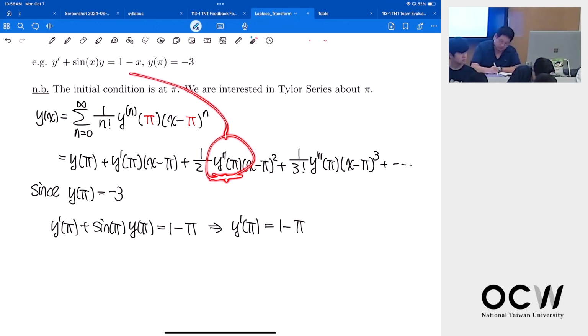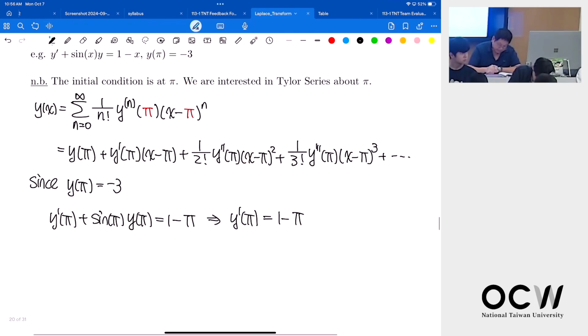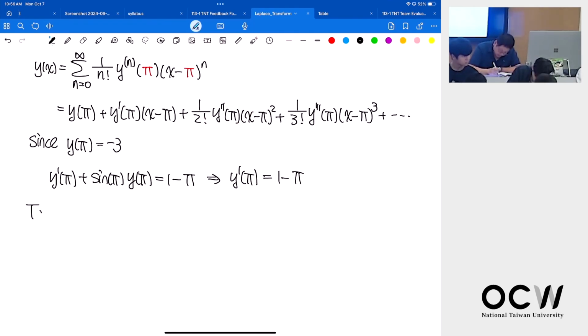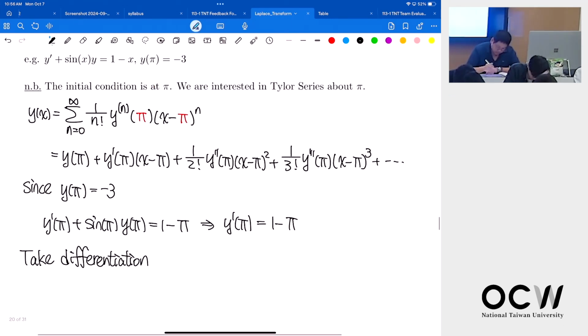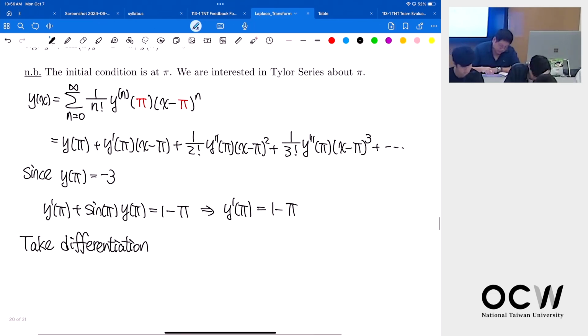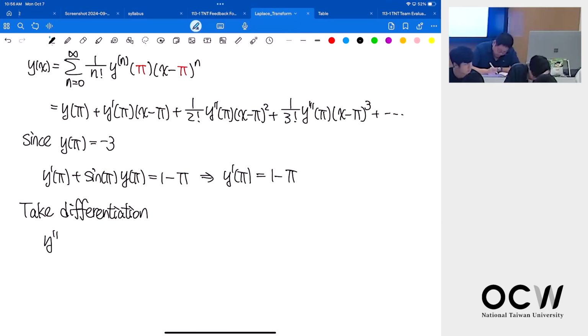How do we find the y double prime? Take the derivative of your original differential equation. Take differentiation. Then we have y double prime, sine becomes cosine, cosine x times y, and then sine x times y prime equals -1.